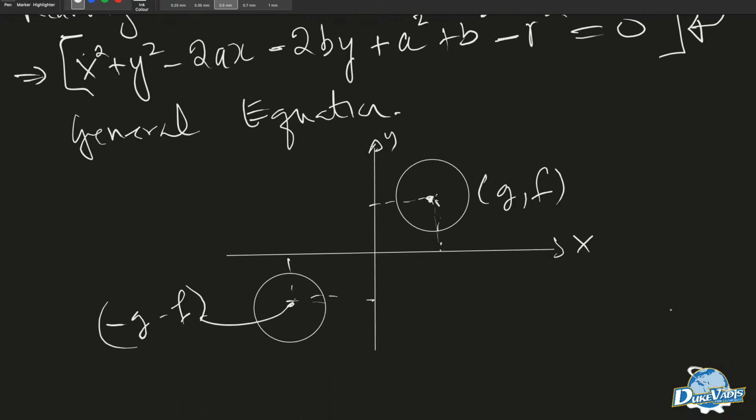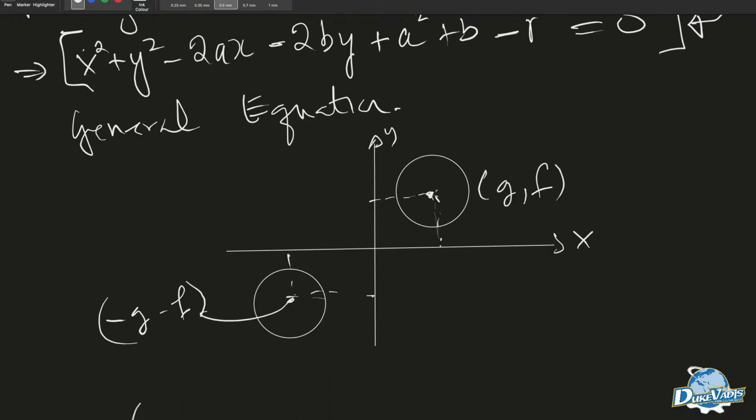So if we have this coordinate, negative g, negative f, as our center, then we can substitute this coordinate into this equation.